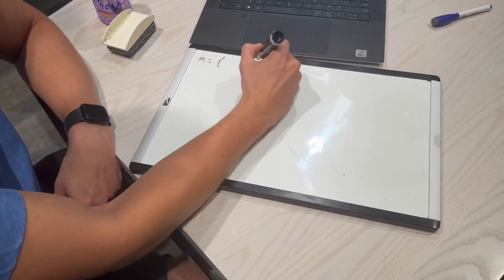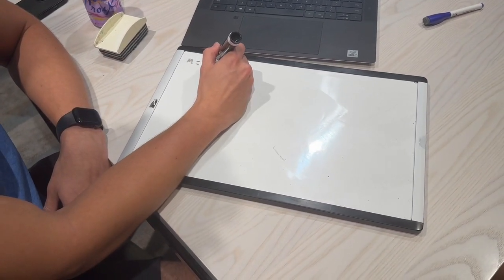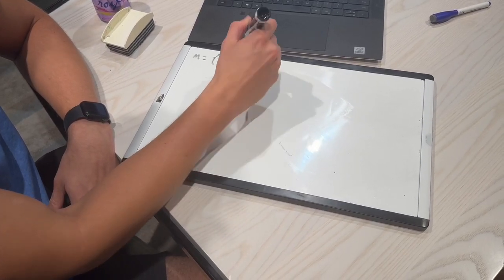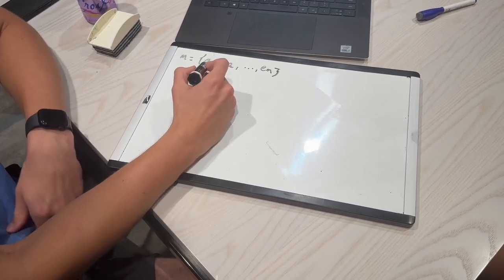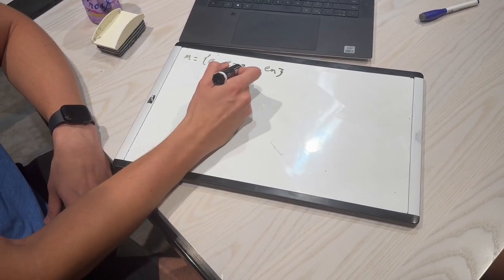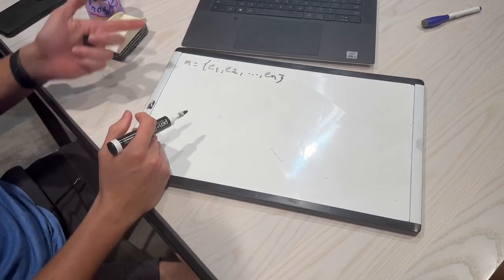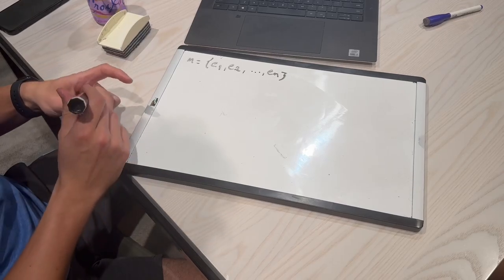So let's say we have edge 1 up to edge n. Every possible subset can either have a certain edge, E1, E2, up to En. So for every edge, I have the option to include it or not include it. So the total amount of subsets is 2 to the number of edges. So that's an exponential time complexity.